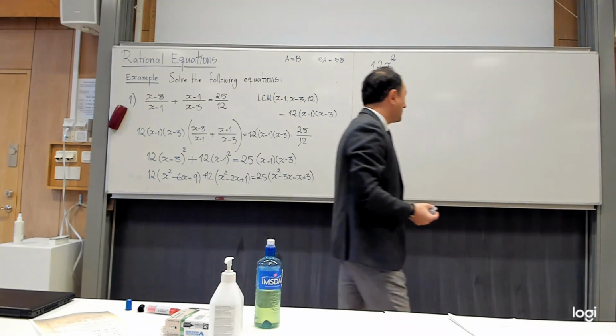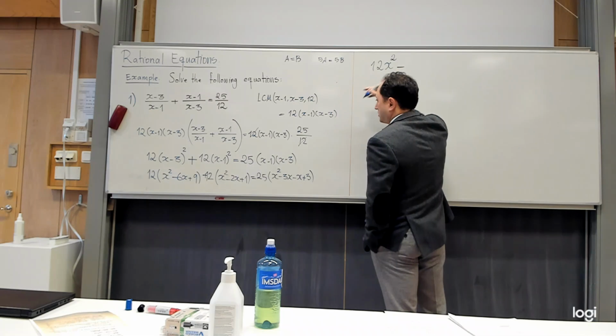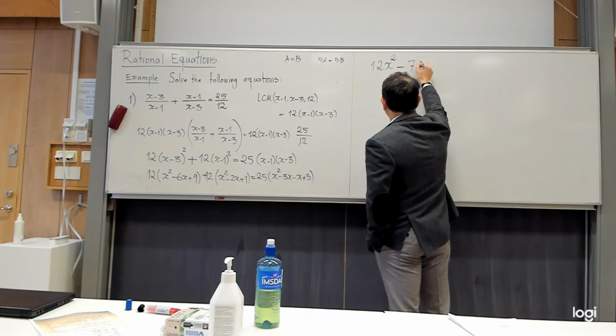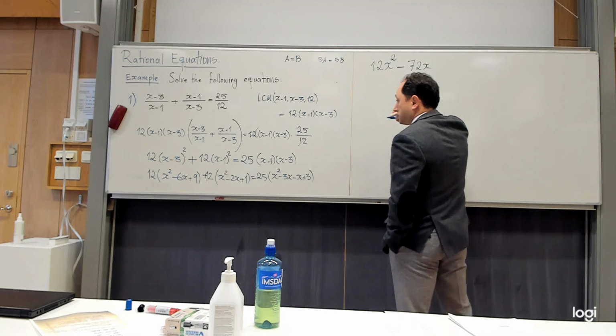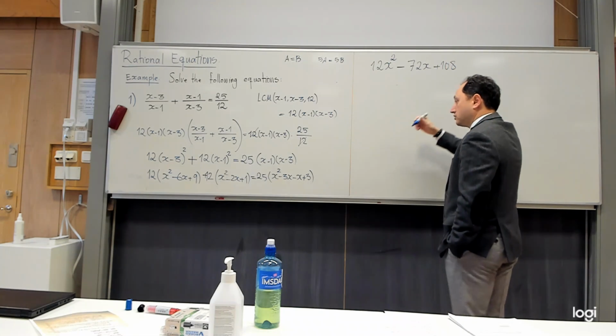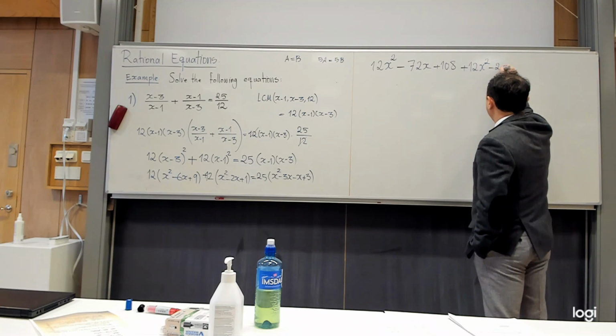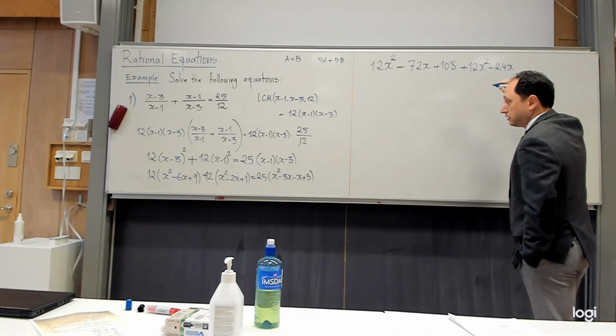So I multiply, so it becomes 12x squared minus 12 times 6 is 72x, and then 12 times 9 is what? 108. And then we go to the next one, 12x squared, and then minus 24x, and then 12.